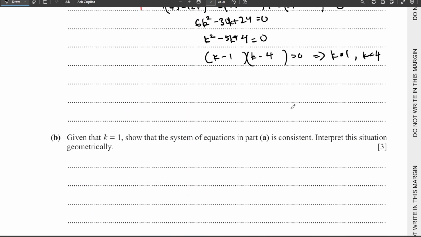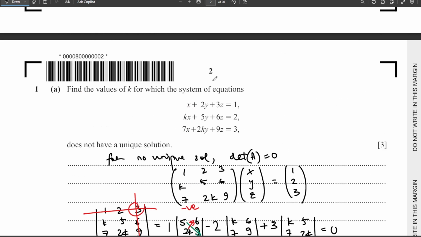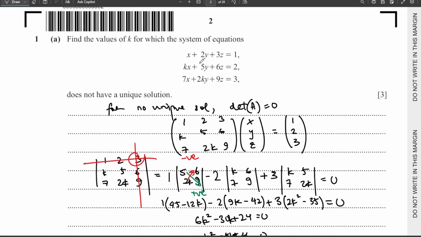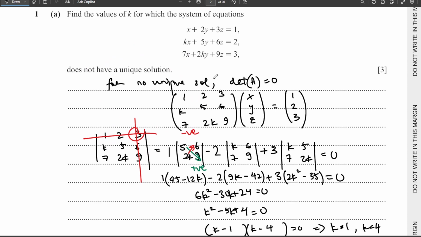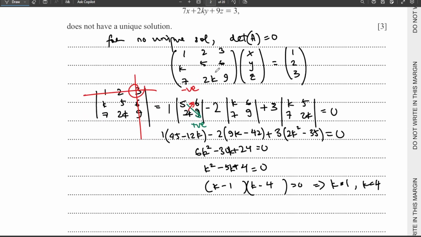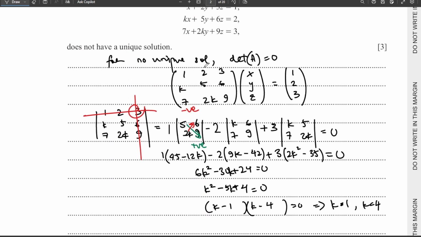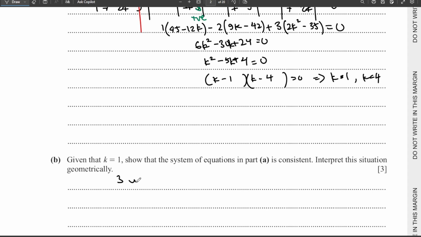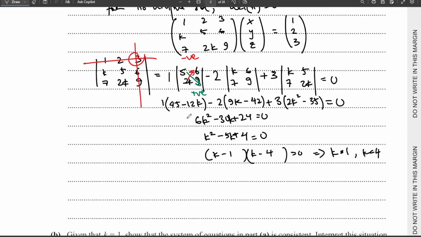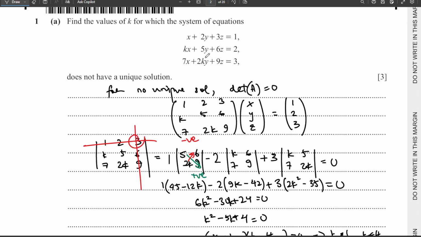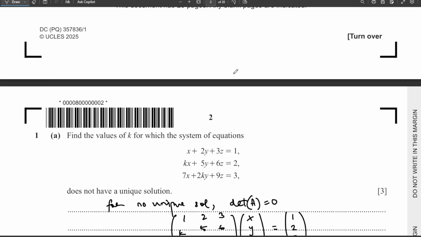But for consistent, we also have two cases: where it has a determined or unique solution, or the undetermined case where we have a larger number of unknowns than linearly independent equations. First, let's state we have three unknowns, which are x, y, and z. And I'll copy down all the equations for which k equals 1.